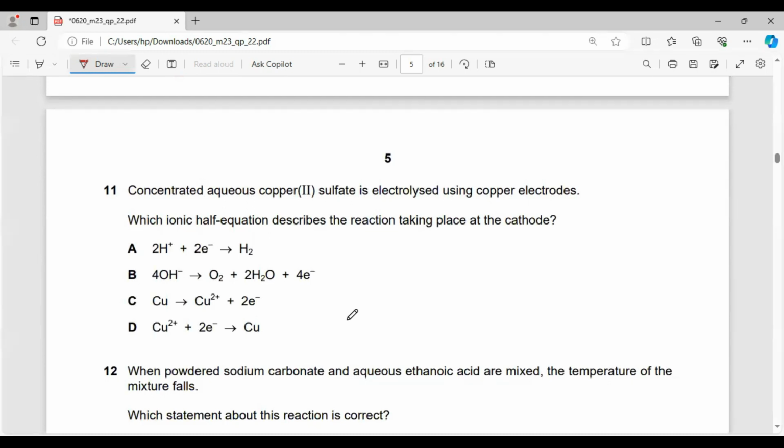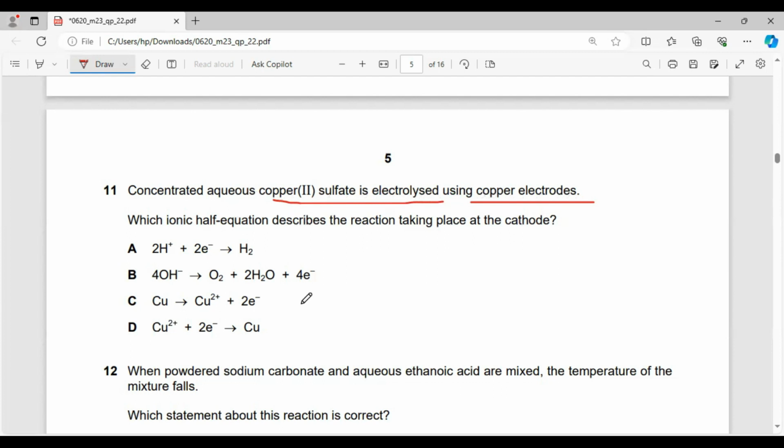Concentrated aqueous copper(II) sulfate is electrolyzed using copper electrodes. Which ionic half equation describes the reaction taking place at the cathode? As they have clearly mentioned that concentrated aqueous copper sulfate is electrolyzed using copper electrodes, we will get copper deposited at the cathode.